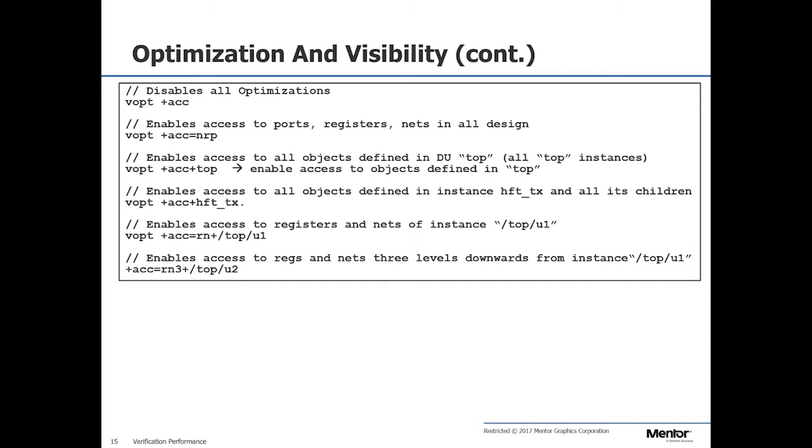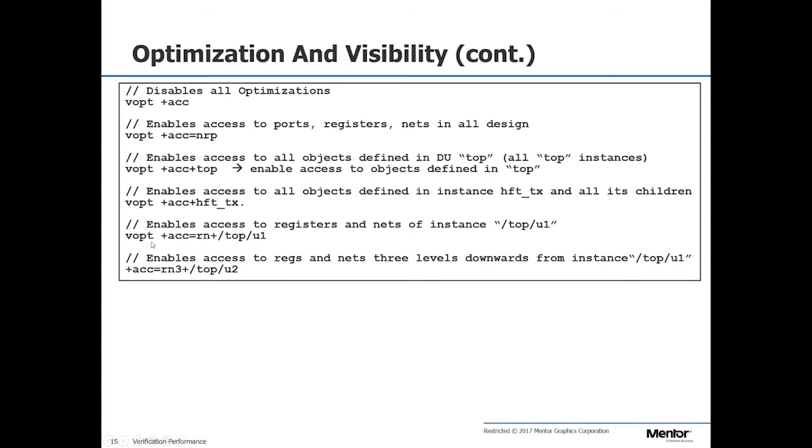So I make sure that I've got visibility for everything in the module that I'm interested in, and I make sure I can do maximum optimization everywhere else in the design. So I might be 4 times faster than if I just did a +acc, if I do something like that.